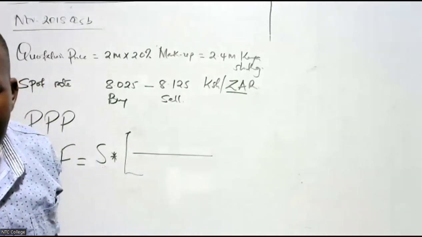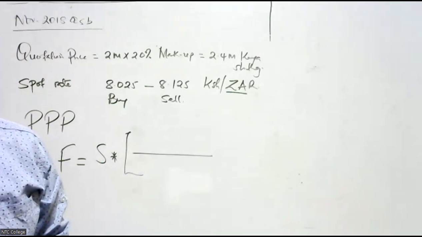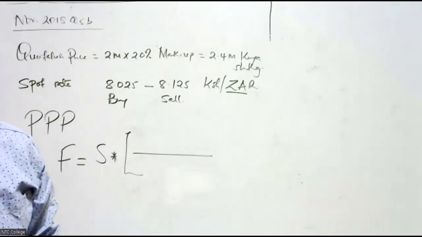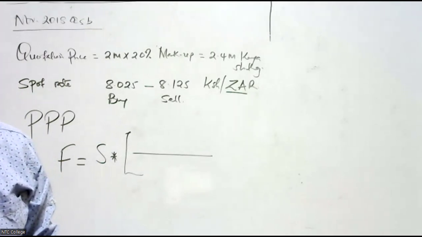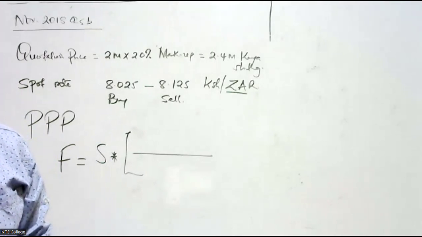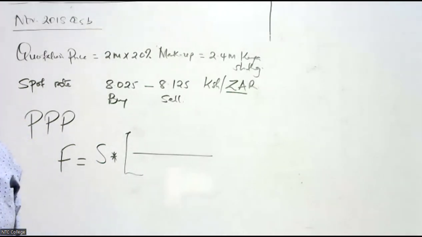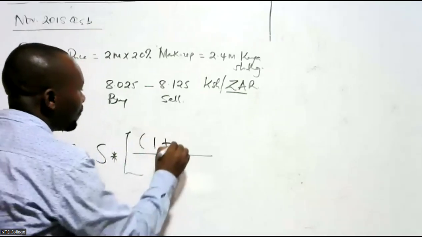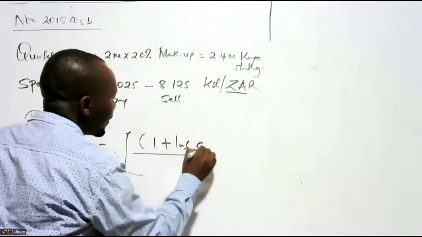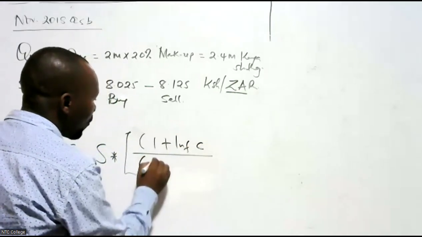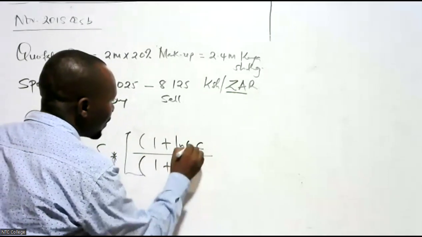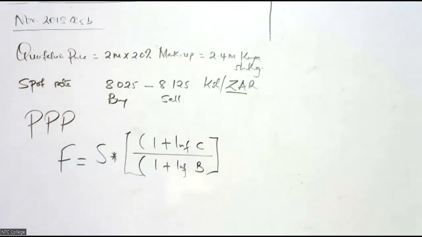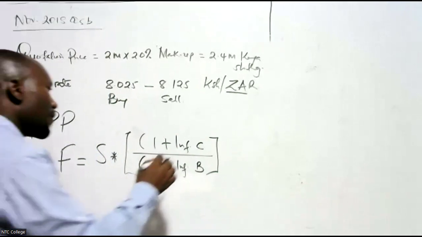I'm not seeing Florence. 1 plus inflation of country C over 1 plus inflation of country B. You are saying that 1 plus inflation of country C over 1 plus inflation in country B. So C is the home country.